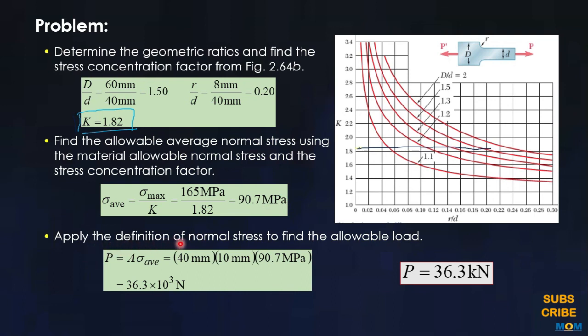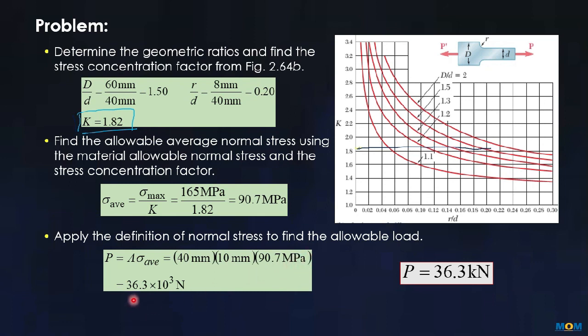Now apply the definition of normal stress to find the allowable load. P is equal to cross section area times average stress. Since we have the smaller portion of cross section, the width is 40 millimeter and the thickness 10 millimeter, and we have calculated the average stress, that is 90.7 megapascal.